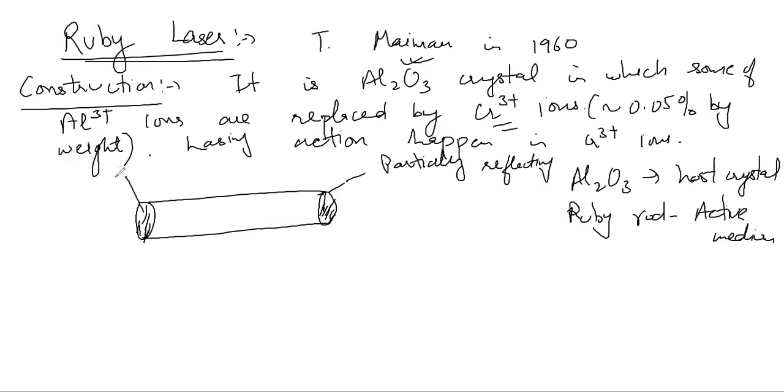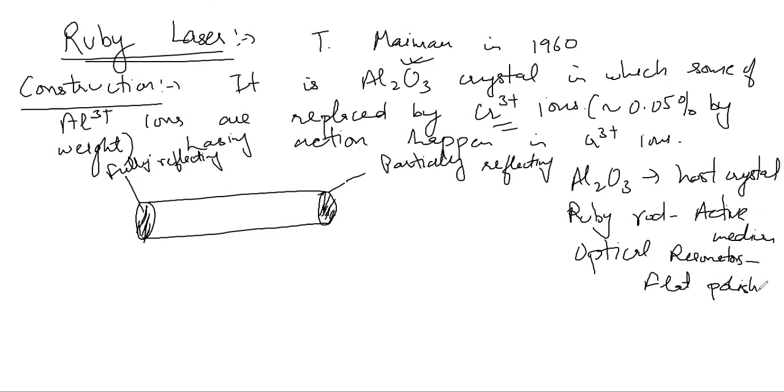The second is fully reflecting. These flat polished ends of the ruby rod act as your optical resonators.